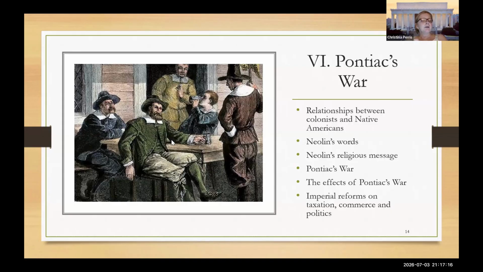The war made British officials recognize that peace in the West would require royal protection of Native American lands and heavy-handed regulation of Anglo-American trade activity and territory controlled by Native Americans. So ultimately, the effects of Pontiac's War were substantial and widespread. The war proved that coercion was not an effective strategy for imperial control, though the British government would continue to employ the strategy to consolidate their power in North America, most notably through the various acts imposed on their colonies.